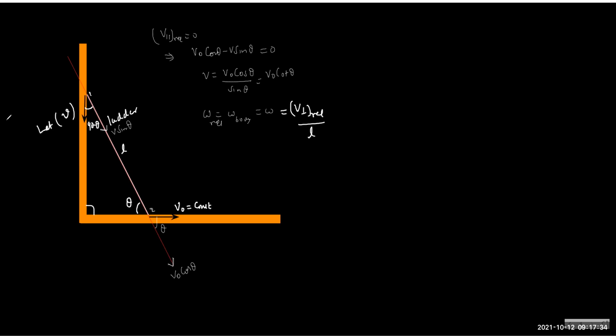Sir, is it V cos theta plus V naught by L? No. So you are missing the point actually. You're not able to take the V perpendicular correctly. Oh, no, sir. Yes, understood.